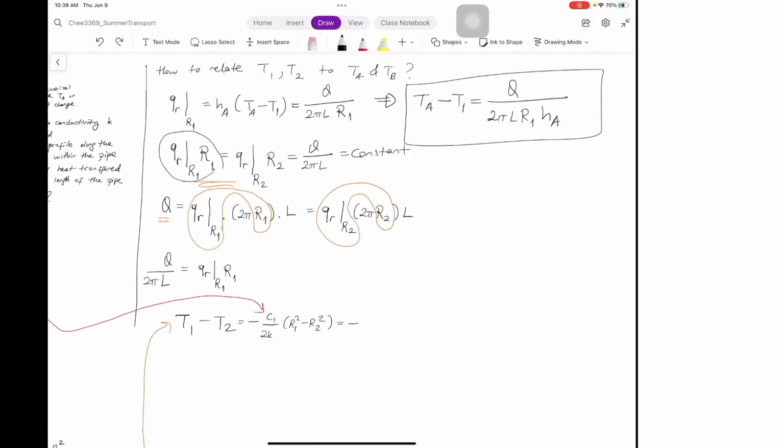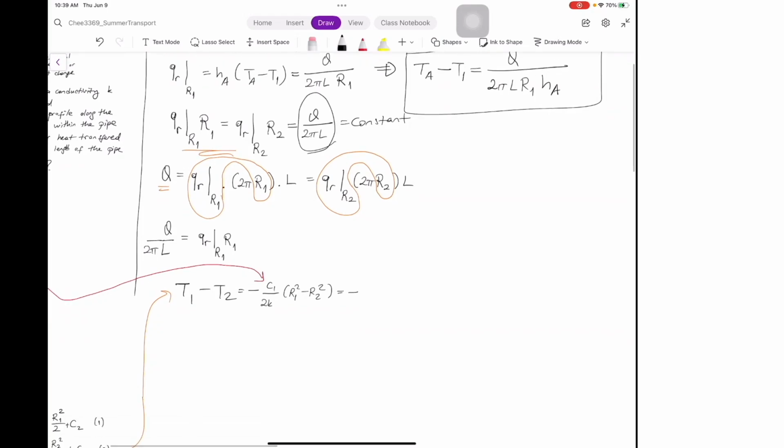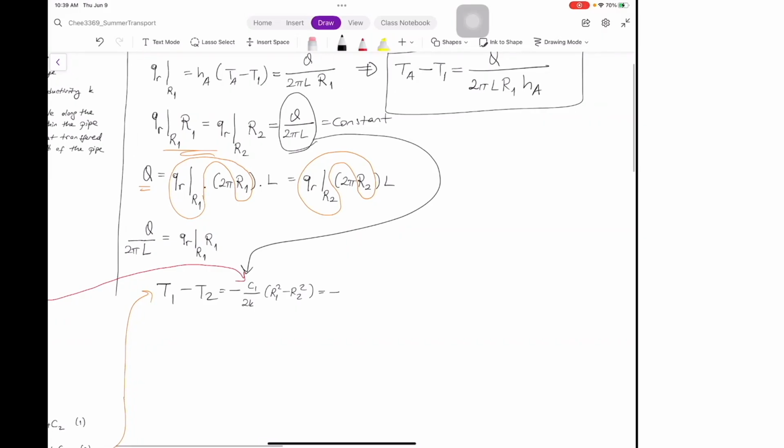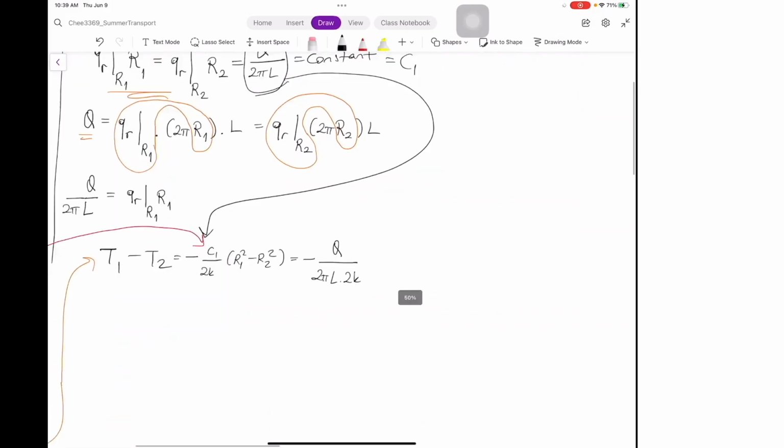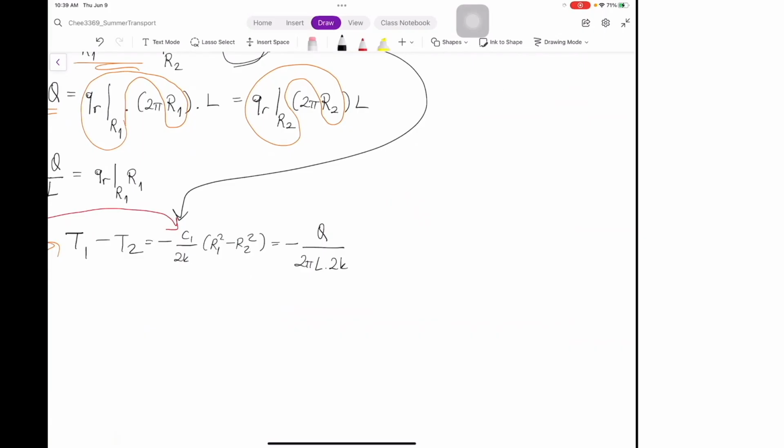So as you can see here, have a look at this thing. Have a look at that thing. That C1 is nothing but this Q over 2 pi L, right? So I can just equally well write this here, right? So that's going to be Q over 2 pi L times 2K. It's the same constant. This is the C1, basically, that we had used. And times R1 squared minus R2 squared. There you go. We are getting close to that.